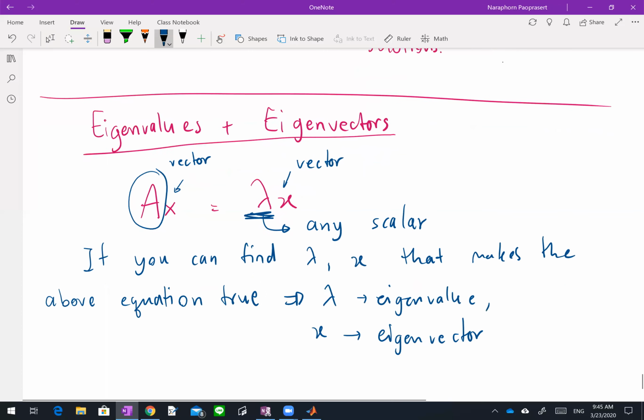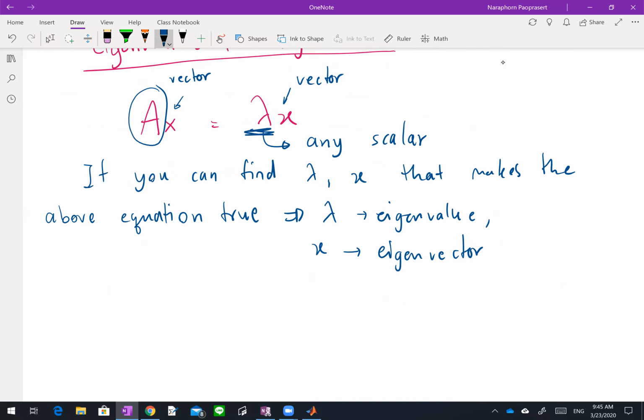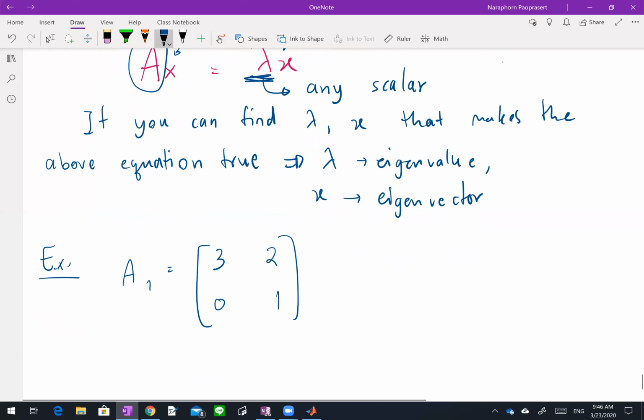Okay, so I'm just going to give you some more pictures. For example, if you have a matrix A1 that looks like that, 3, 2, 0, 1. So this is any matrix, okay? And you want to understand the eigenvalue and the eigenvector of this matrix.